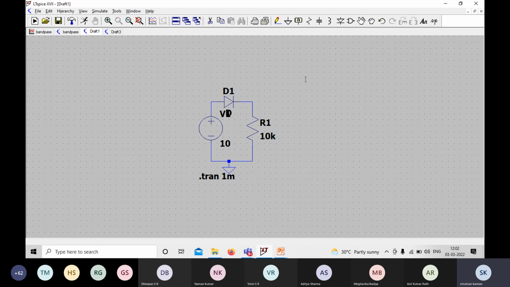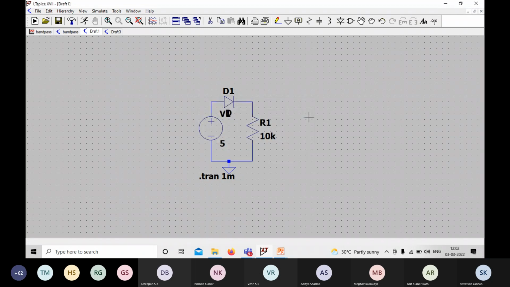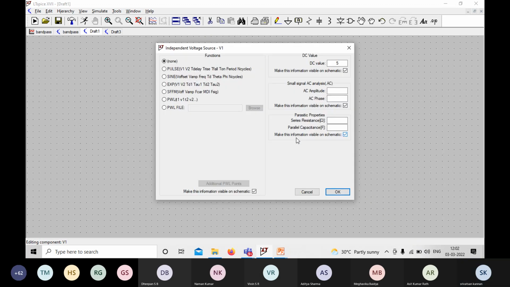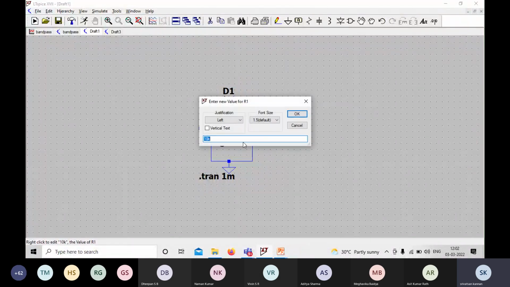Now the circuit is done, right? Have you all constructed the circuit? Okay, wait one minute. The DC voltage you have to set as 5 volt. You can give a resistor value of 10, or even change it to 1K.